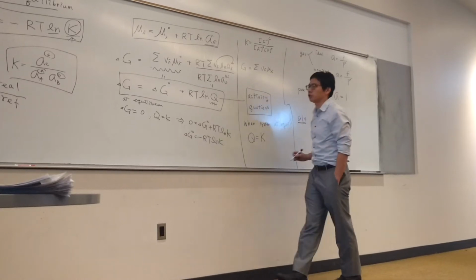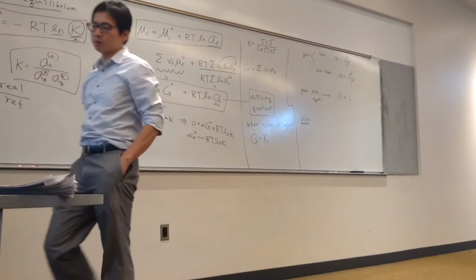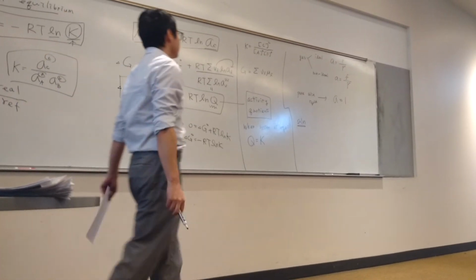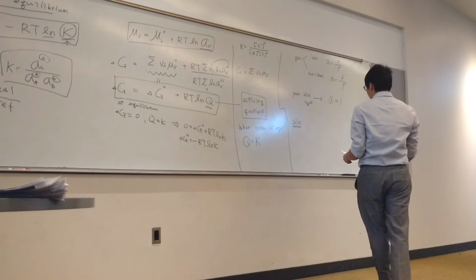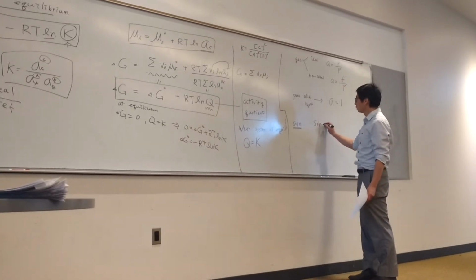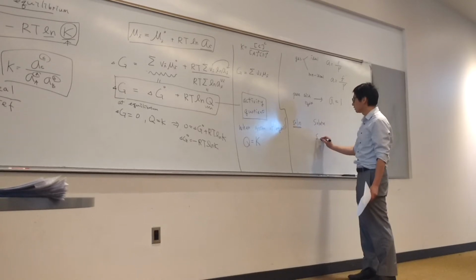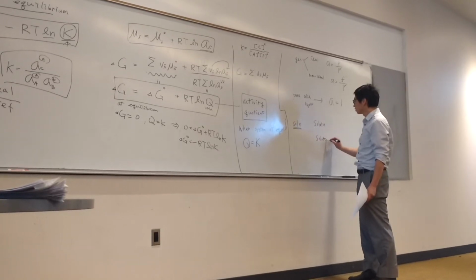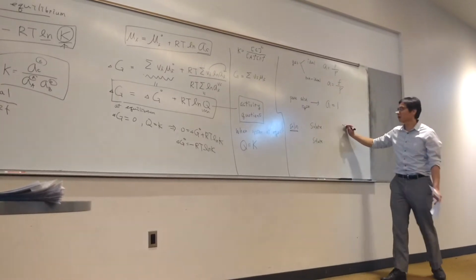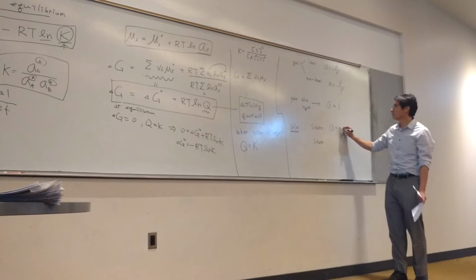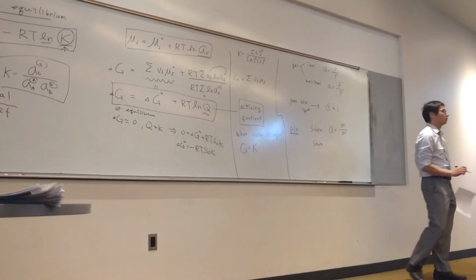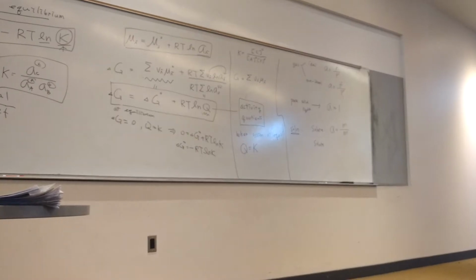And for your solution, this is the part you need to be a little bit more careful with, because the convention is somewhat misleading. When we talk about a solution, the solute and solvent actually look different. For your solute, the a is defined as m over m naught.